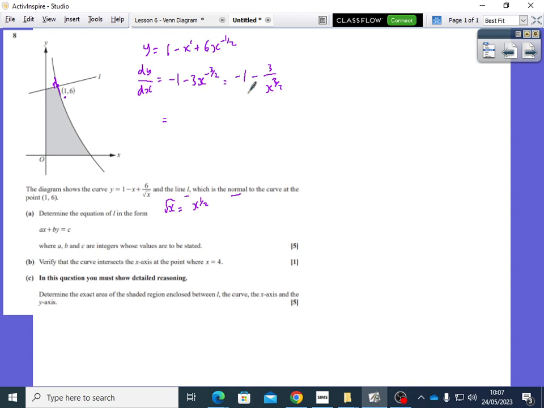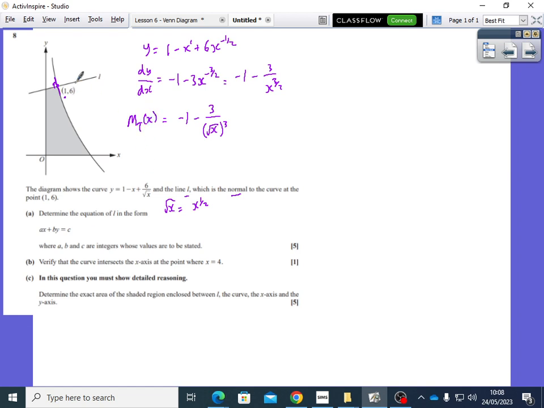Let's write it here, which will be minus 1 minus 3 over x square root, then all cubed. Okay, and now that is what I'm going to call the gradient of the tangent at any point x.